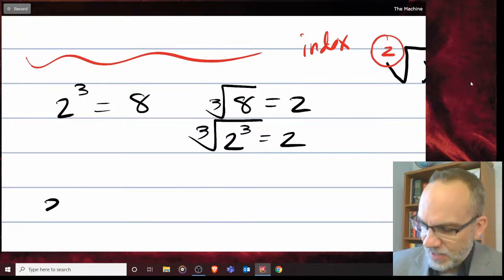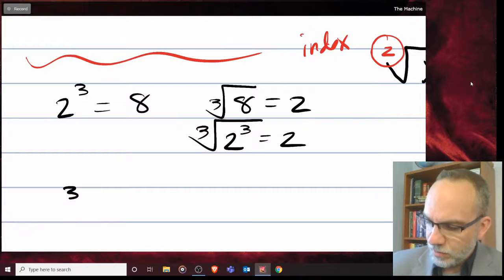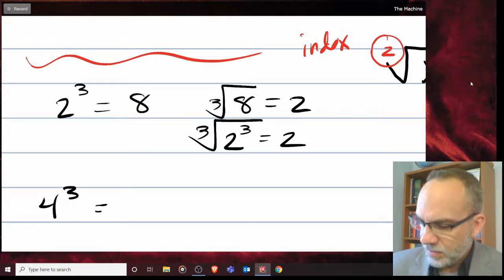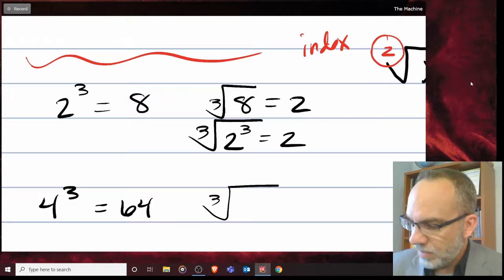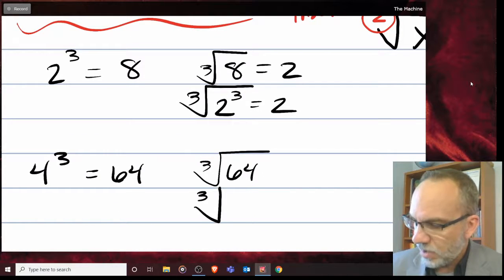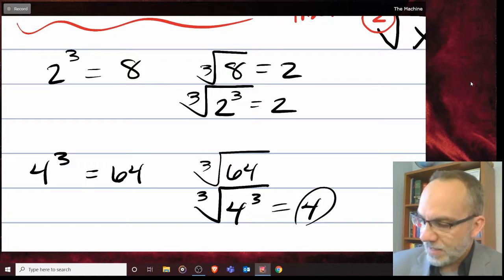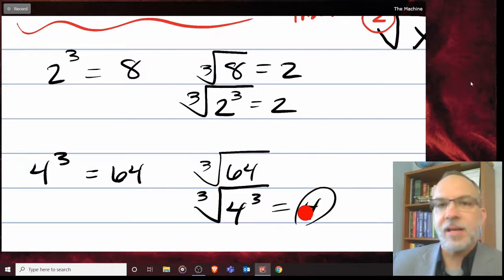What if I said 3 cubed? No, let's not do 3. 3 is like, it's a duplicate number. Let's do 4 cubed. That's going to be 64. So what is the cube root then of 64? Well, that's equal to the cube root of 4 cubed. 4. When the index and the exponent match, you just get the plain old base out.